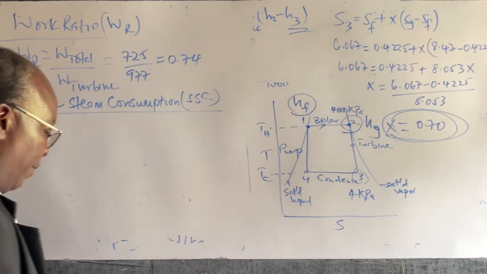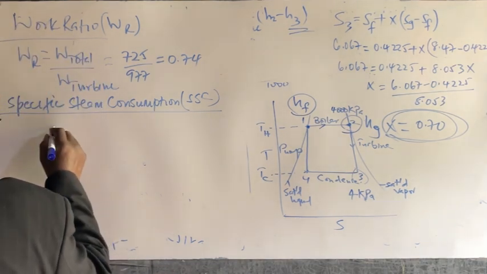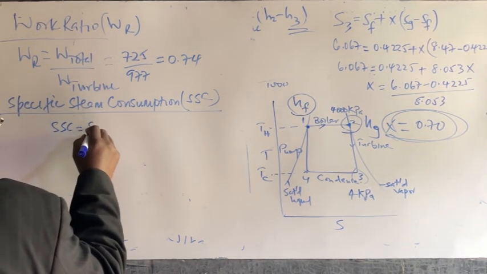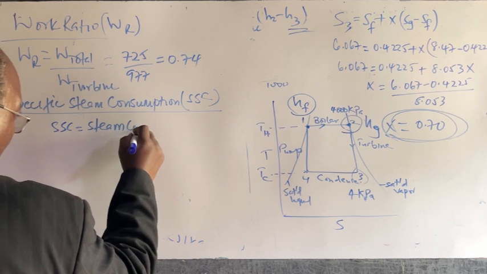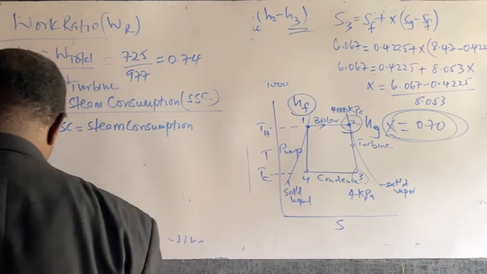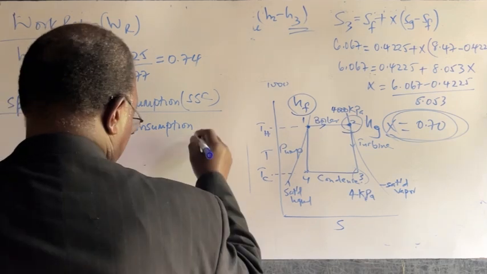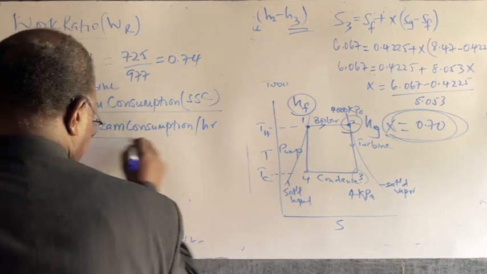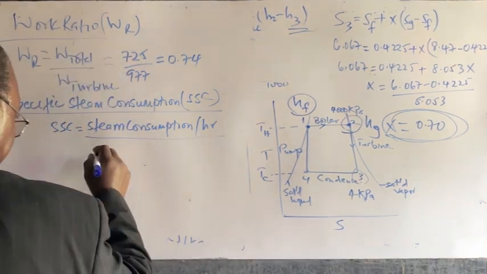And so, very simple, the steam consumption, SSC, is steam consumption per hour divided by the net power output.